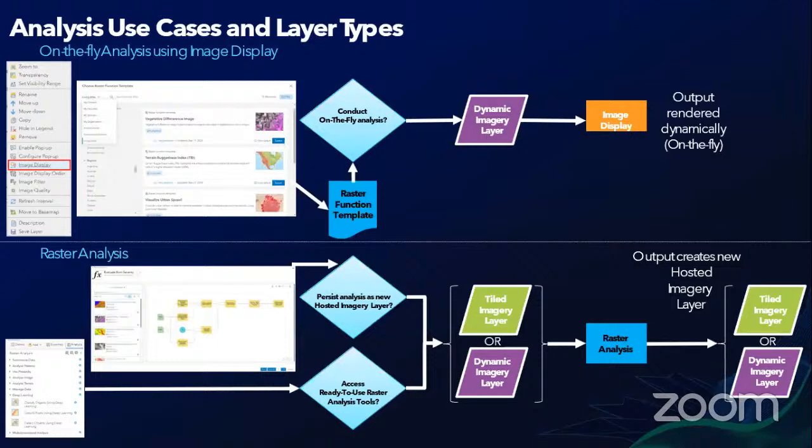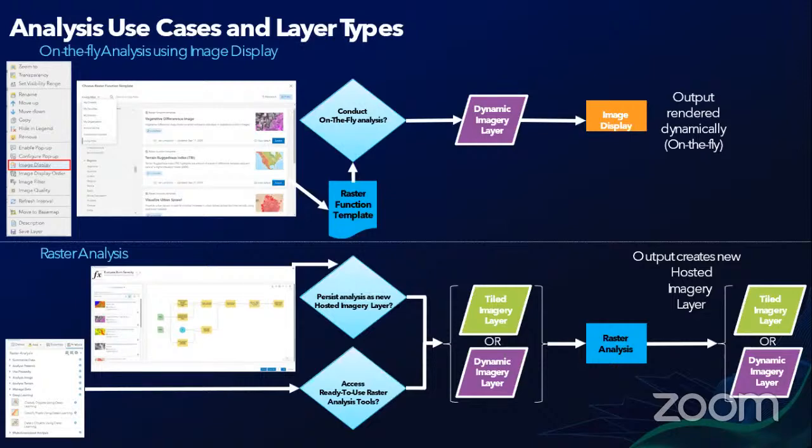Raster analysis is a specific permission that is granted to an ArcGIS Online user, and it presents over 20 ready-to-use tools which are ready to execute on your own imagery. It provides a web-based raster function editor, whereby you can operate on a tiled or a dynamic imagery layer.